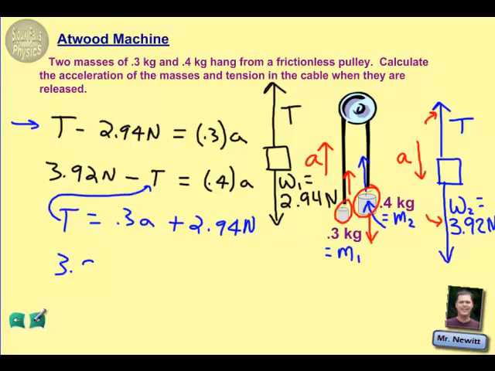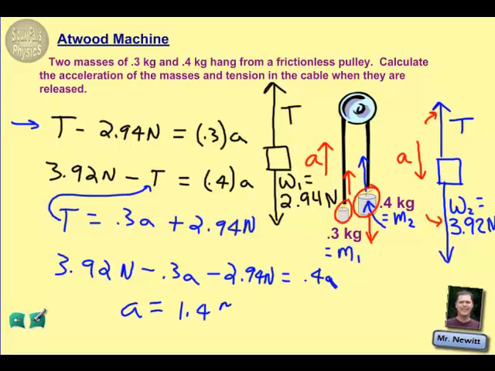So I'll end up with 3.92 newtons minus 0.3a minus 2.94 newtons, and that is going to equal 0.4 times a. And so now I have a single equation that has only one variable, a. And so I can combine these numbers together and solve for a, and I get an acceleration of 1.4 meters per second squared.